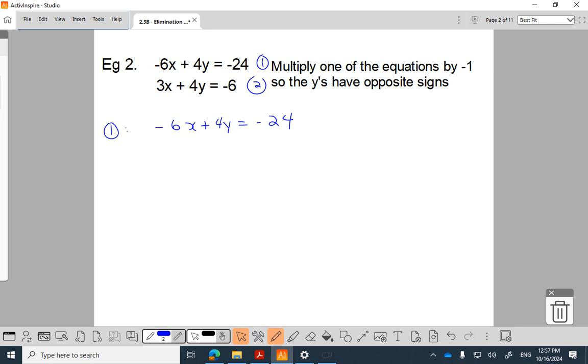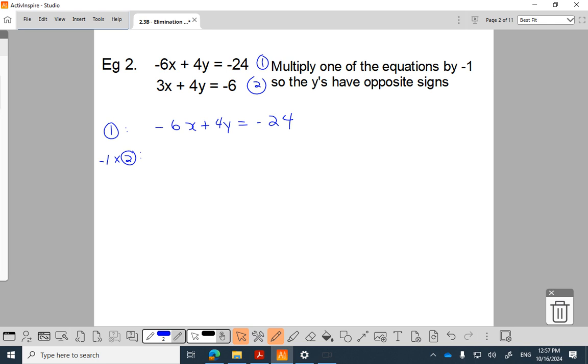If you're bored by that step, you should be. I did nothing to equation 1. But equation 2, I'm going to multiply by negative 1. It's a very clever choice.